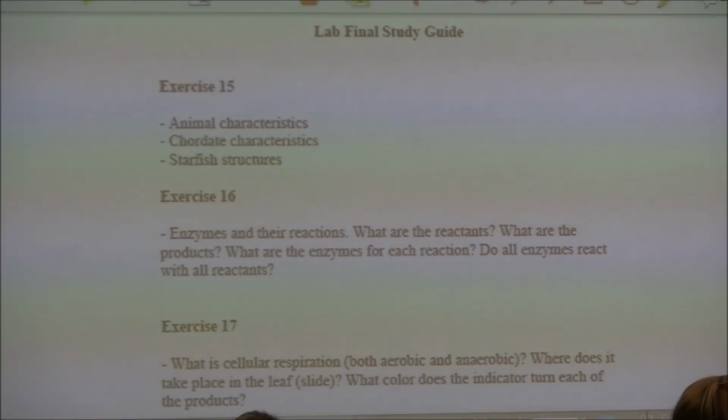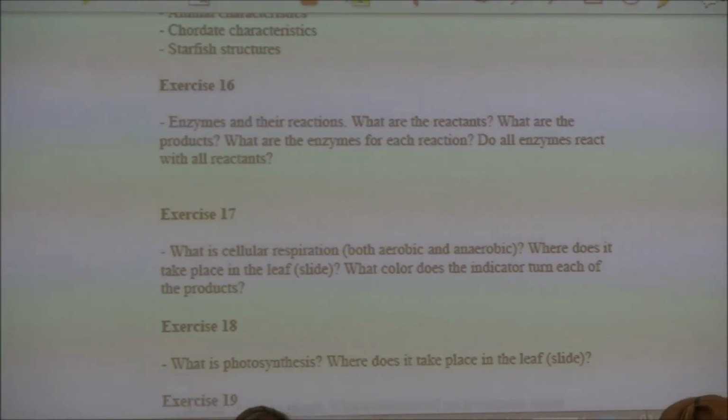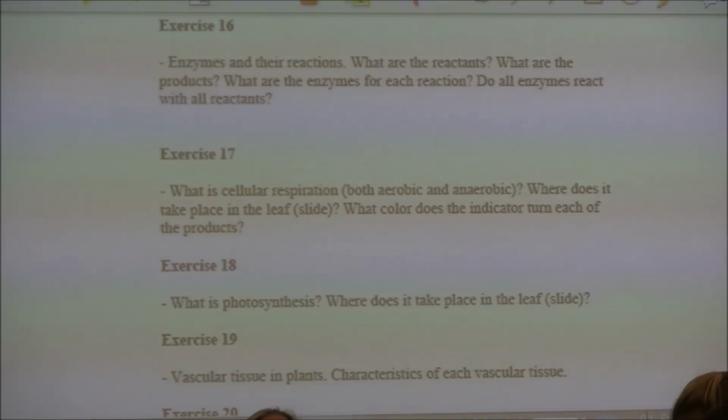All right, you guys ready for 16? Enzymes and their reactions. Now, we looked at 2 enzymes. Can you guys give me one? Do you remember? Urease. Urease was one of them. What would be the reactant for the urease enzyme?